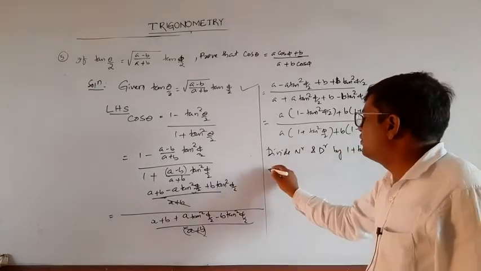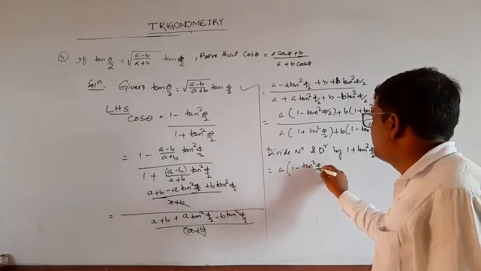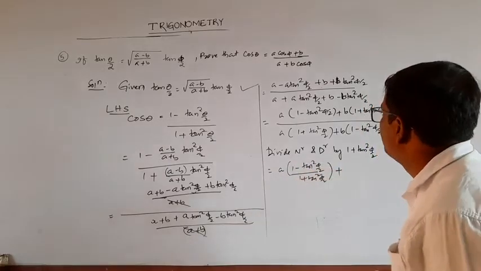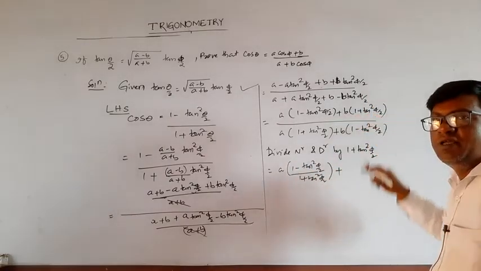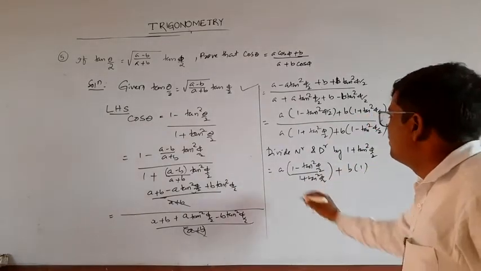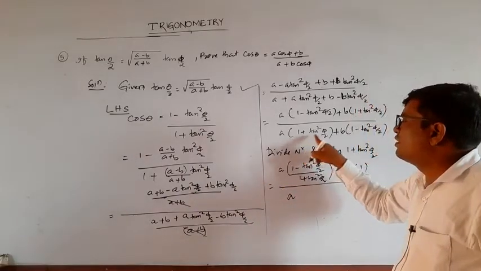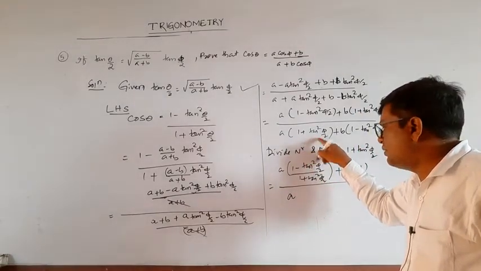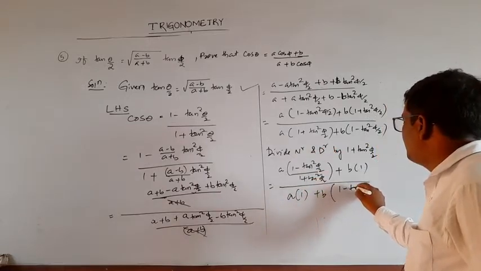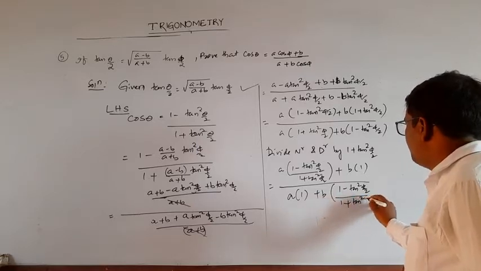So this is equal to A into (1 minus tan² φ/2) divided by (1 plus tan² φ/2), plus B into (1 plus tan² φ/2) divided by (1 plus tan² φ/2). So B into 1, and A into (1 plus tan² φ/2) divided by (1 plus tan² φ/2) is 1, plus B into (1 minus tan² φ/2) divided by (1 plus tan² φ/2).